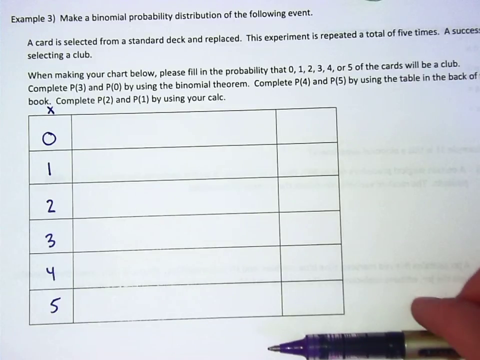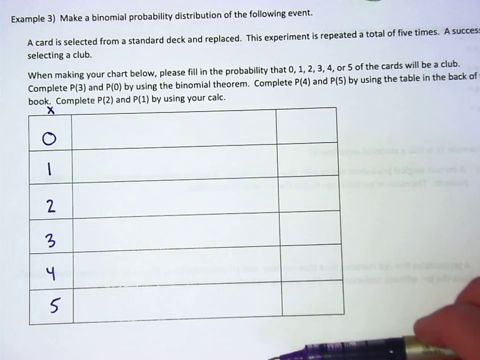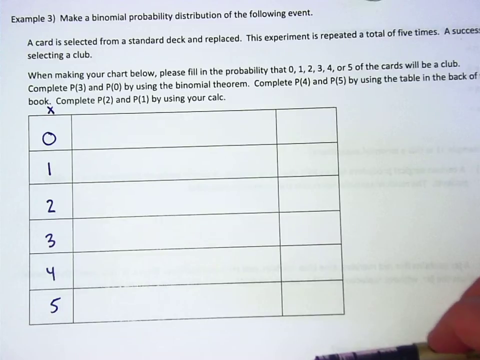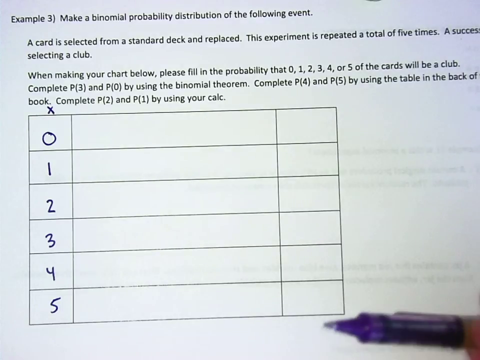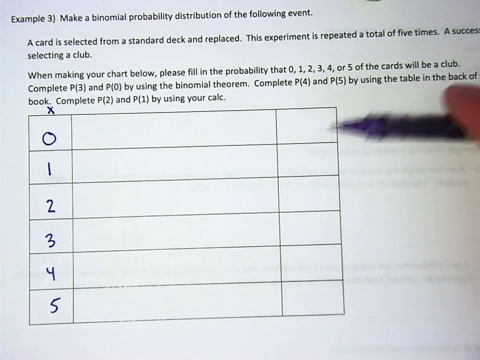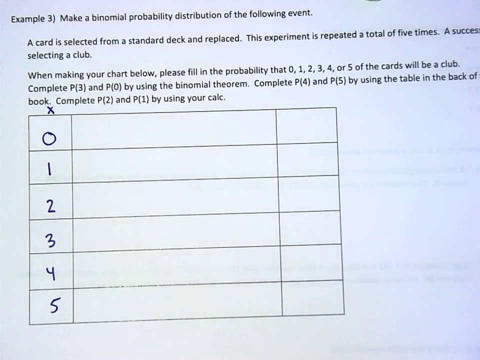Okay. So what do you think, Thomas? Oh, I thought you were saying something. Which one? Do you think it's more possible for 0 clubs or 5 clubs? To draw 5 clubs in a row or 0 clubs in a row? 0? How come?